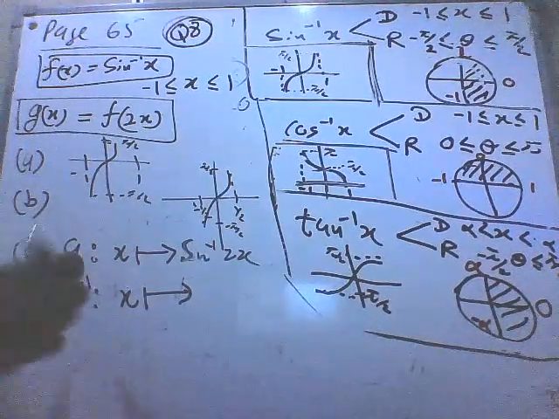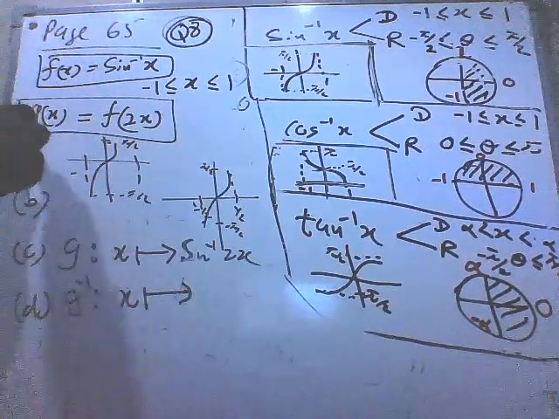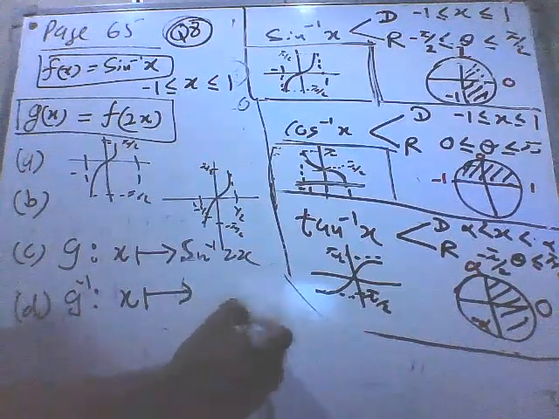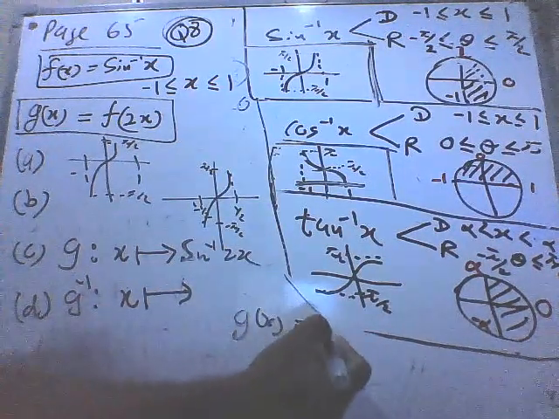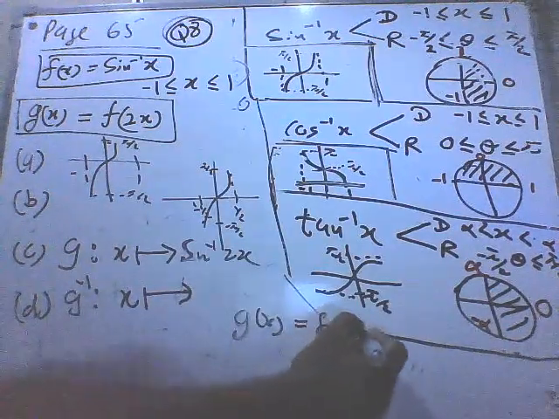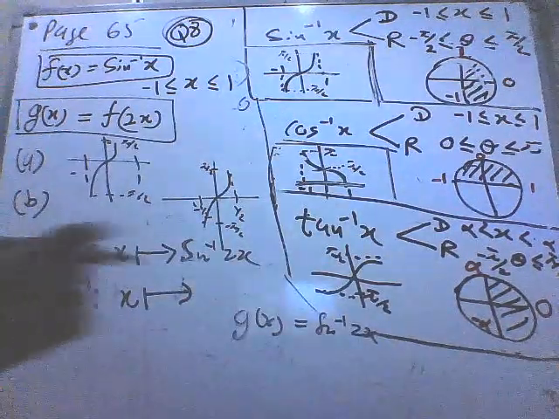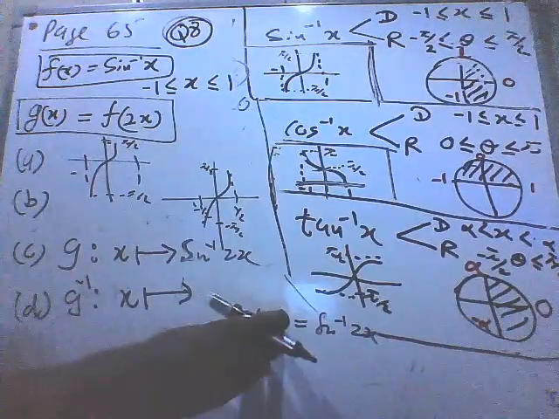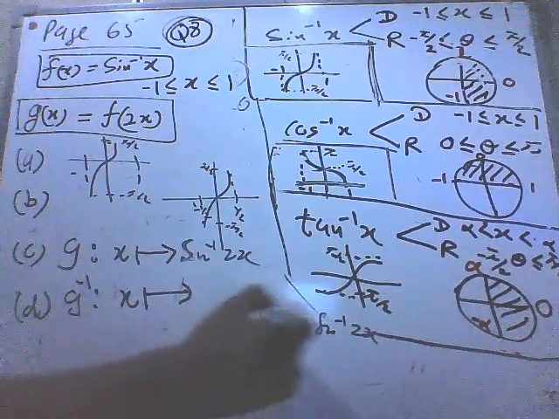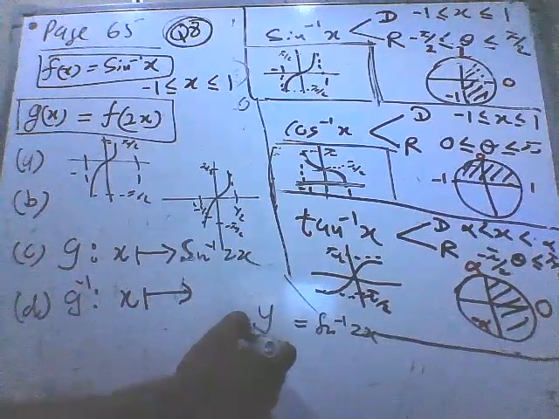So the inverse function of g. First we can say g(x) is equal to sine inverse 2x, and this is actually y, that's how we do it, and then we change x and y.